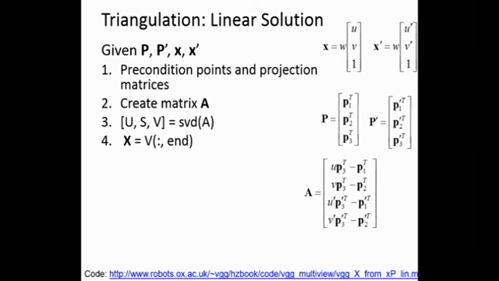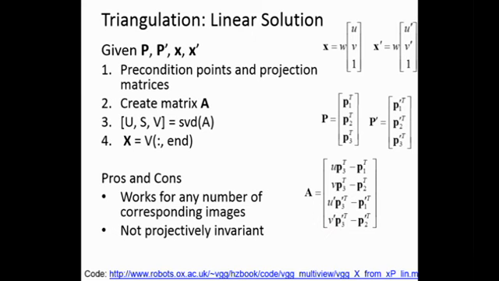The nice thing about this is that you can solve for any number of corresponding images. As you get more images, you'll get more over-constrained, but you should have a better estimate, assuming that your images are observing the 3D point with some noise and you don't have any outliers.